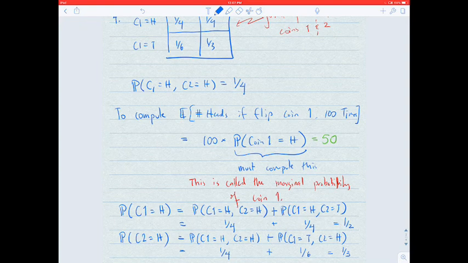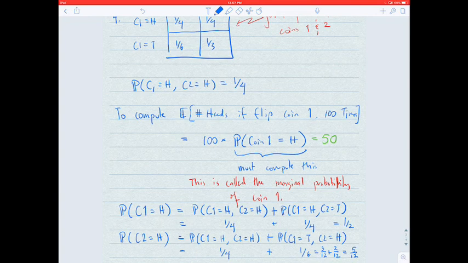Is that right? Let's see. 3/12 plus 5/12. Nope. Made a mistake. Let me do it more slowly here. It's 3/12 plus 2/12, which is 5/12.